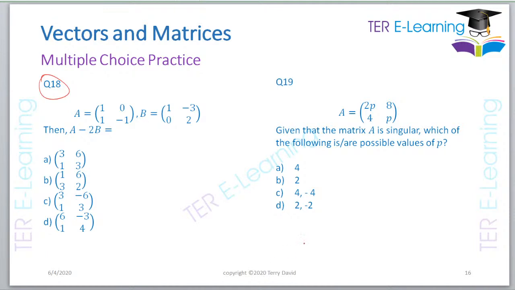So I want you all to try question 18. We have two matrices, matrix A and matrix B, and you want to work out A minus 2B. I'll give you all 2 minutes.